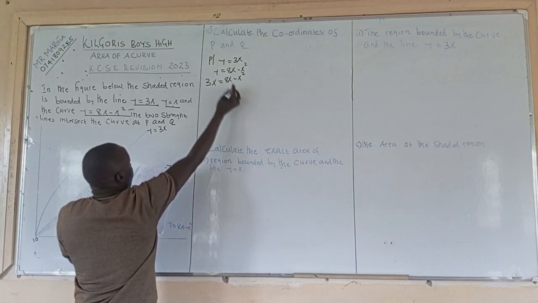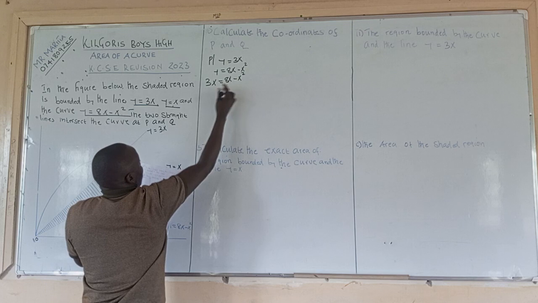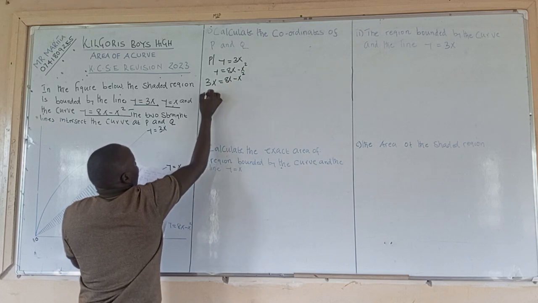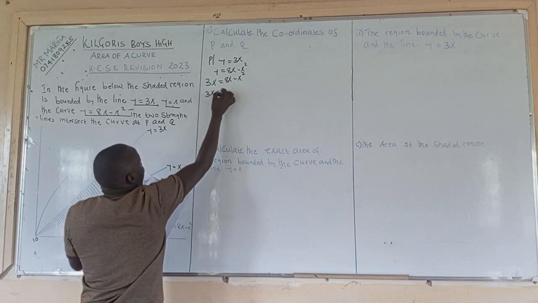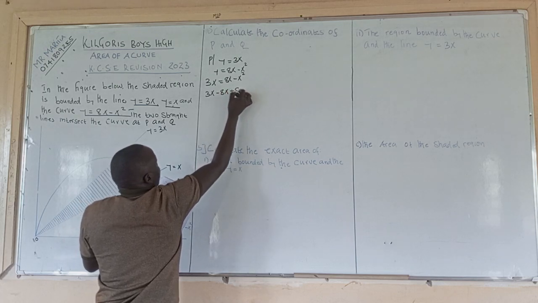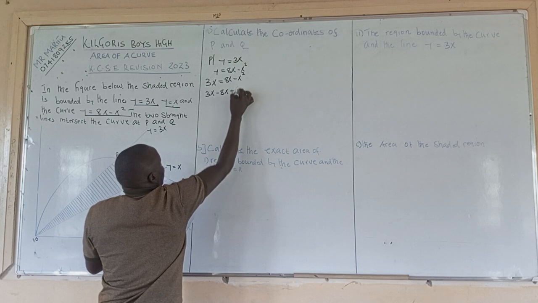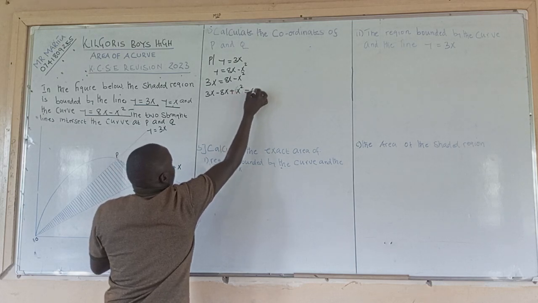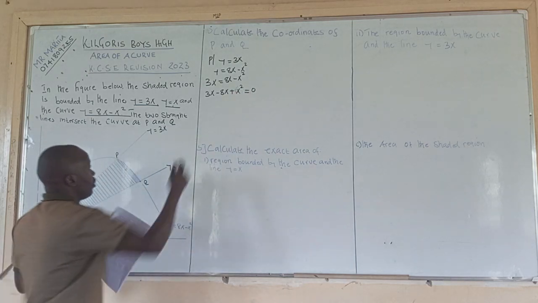Collecting like terms together, we have 3x minus 8x plus x squared equals 0.